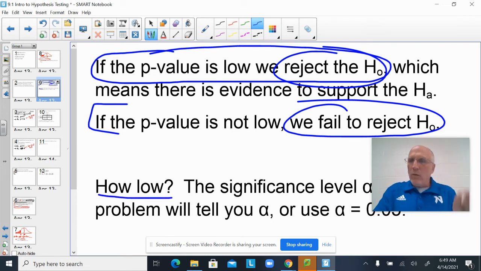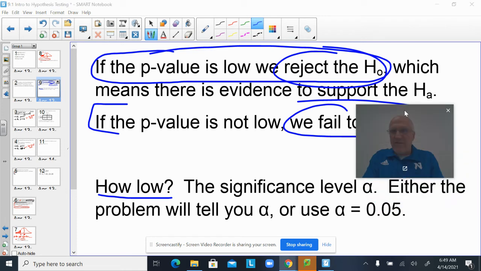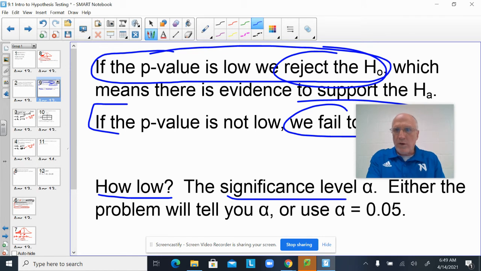So now the question is, how low? How low would that probability need to be in order for me to decide, okay, that's rare enough by random chance that I'm going to reject the null hypothesis? Whatever that percentage is, it's called a significance level. And we're going to use the Greek letter alpha for that.